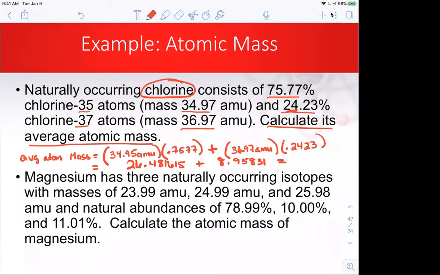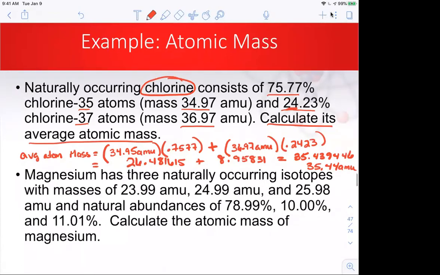I sum that up and I get 35.439446. I want to go to 4 significant figures. So I get 35.44 atomic mass unit as the average atomic mass. If I look at chlorine, I have 35.453. I'm pretty close to that number, and that's how I actually would calculate the average atomic mass.